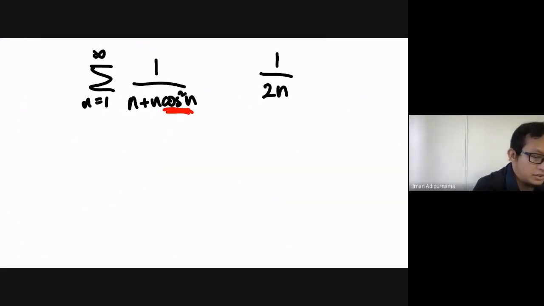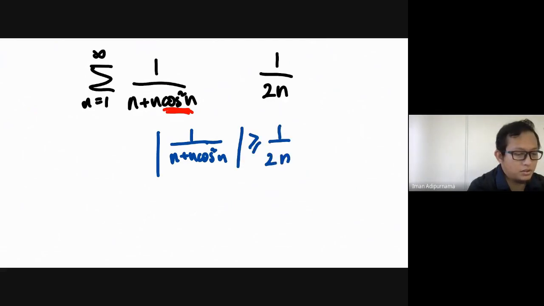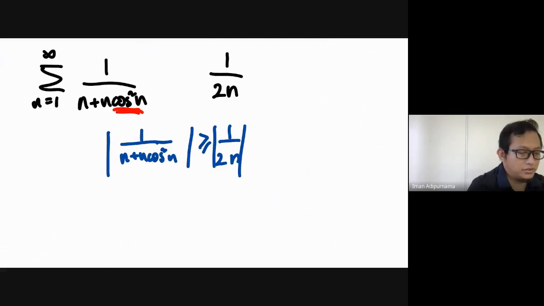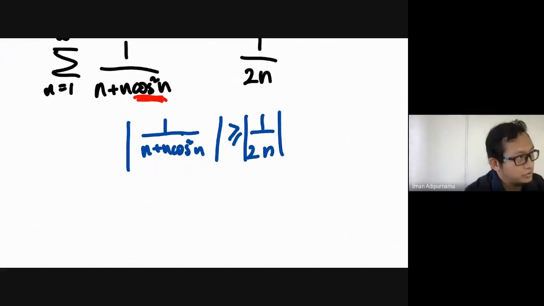And since this, if you check several n, this will be true, right? Because cosine in between 0 and 1 is a half square root of 3, right? In which case, because the cosine is in the denominator, it will be larger than 2n.